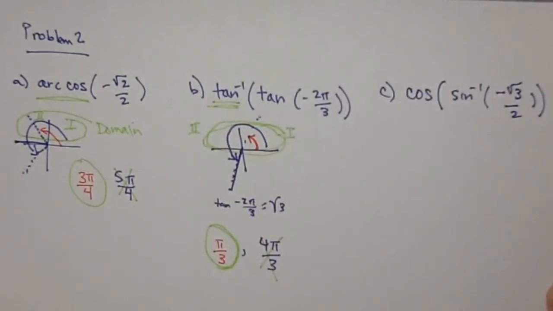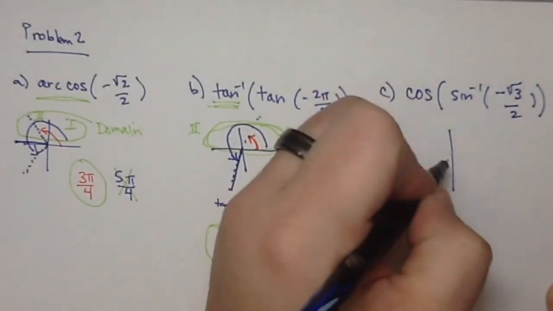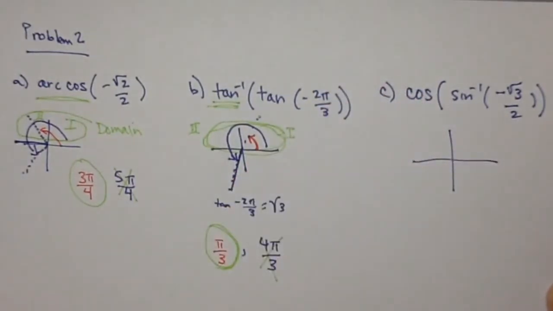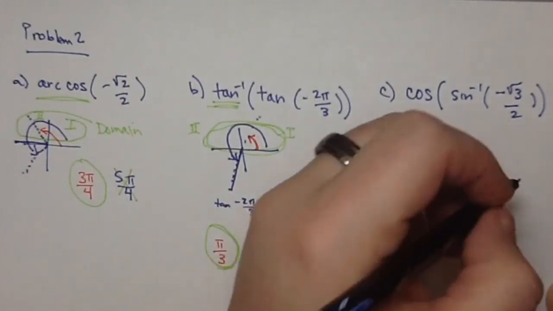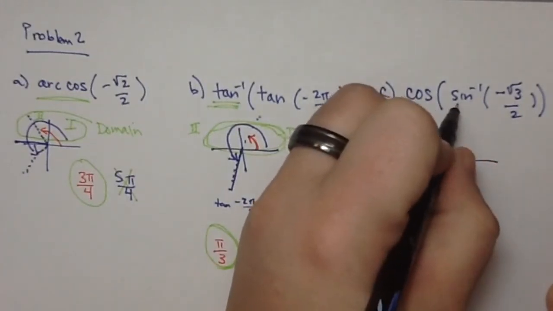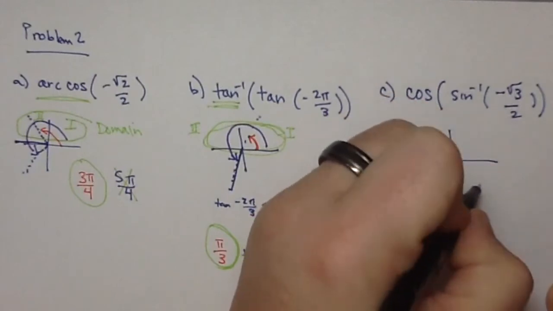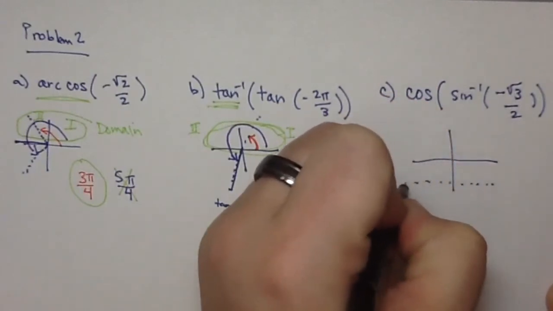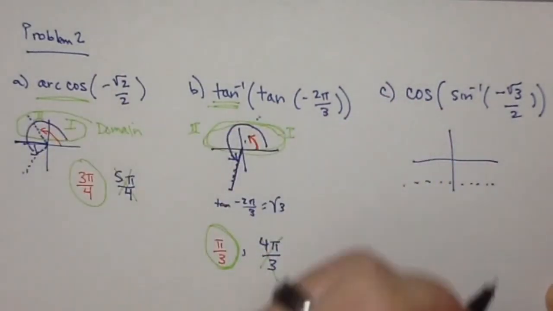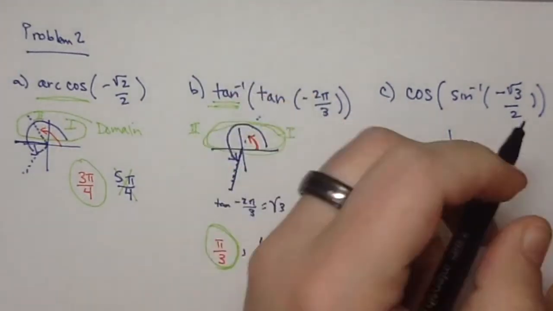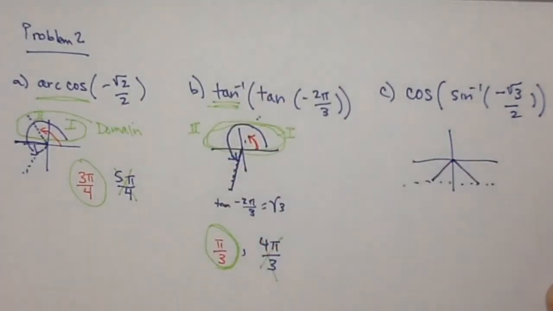All right, so again, I'm going to start with my drawing. So the sine is negative square root 3 over 2. So that's the y value is negative square root 3 over 2. So we're going to be here. So it's either going to be this angle or that angle.